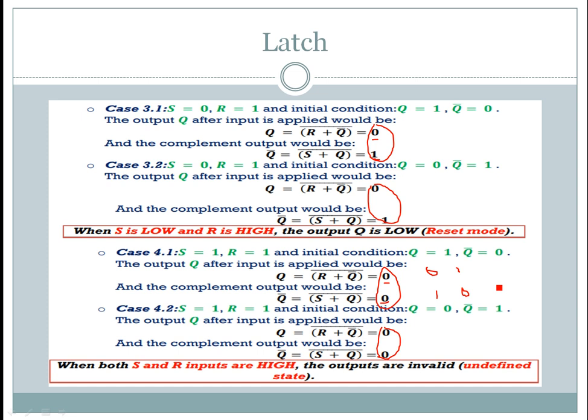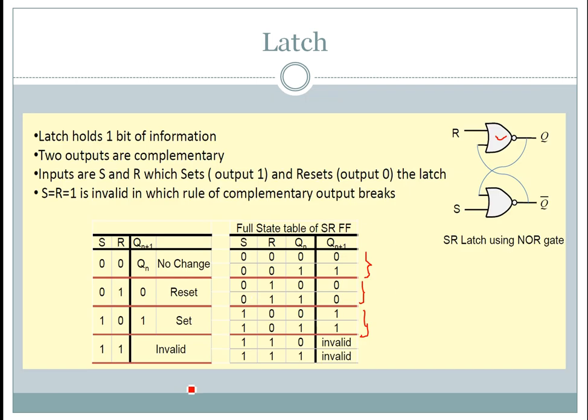But in this case both are 0 0, so these are invalid output states, the undefined state. That's what the truth table shows: when both S and R are 1, the outputs are invalid.